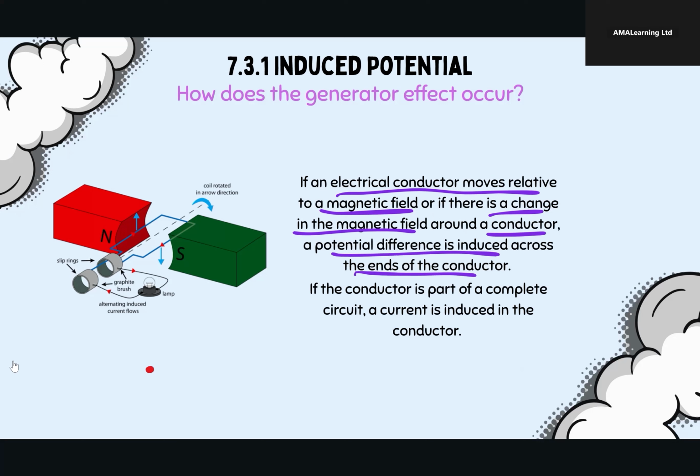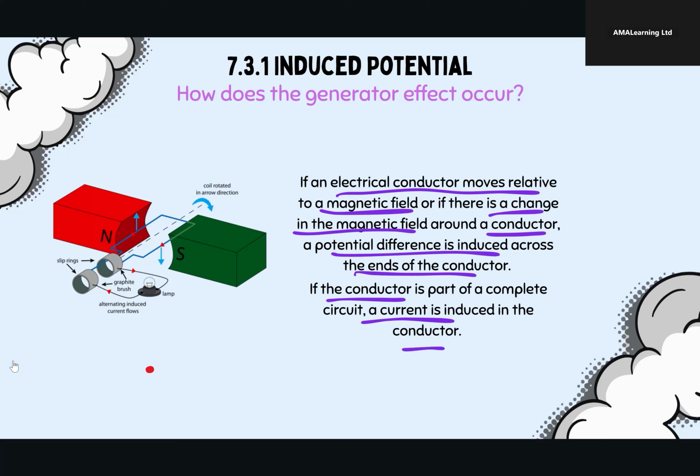So if the conductor is part of a complete circuit, a current is induced in the conductor. Right, so let's understand what this means. The generator effect is how we produce electricity using movement and magnetism.